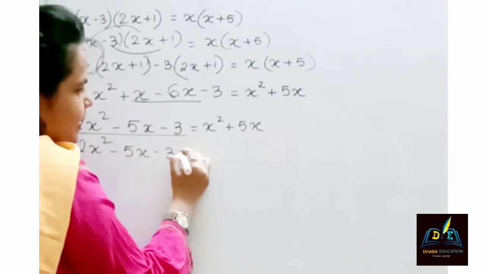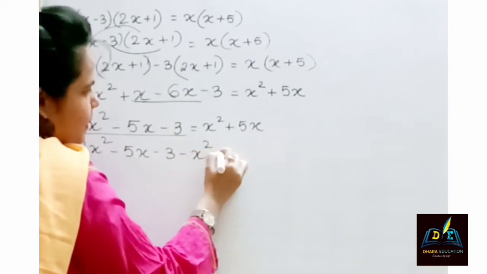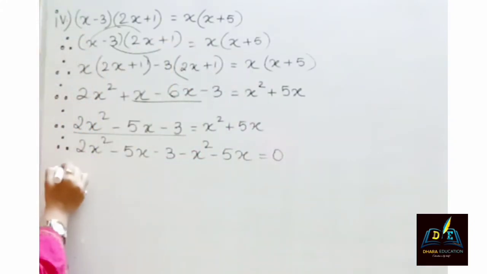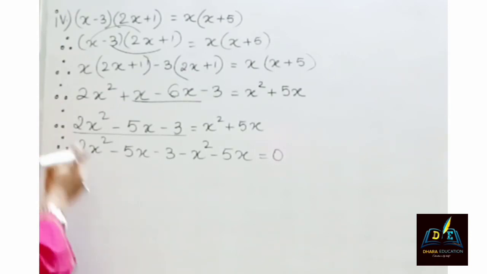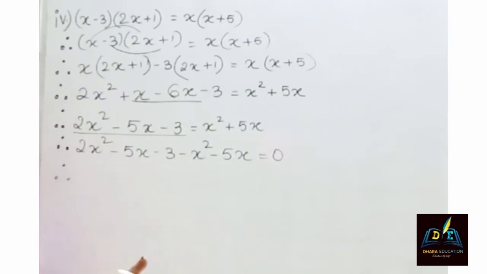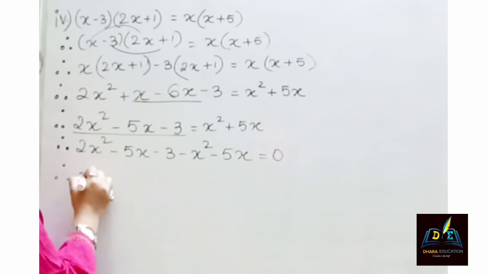Then this will act as minus x square minus 5x is equals to 0. Now we are going to cancel a few of the things, like 2x square and minus x square gives you only x square.